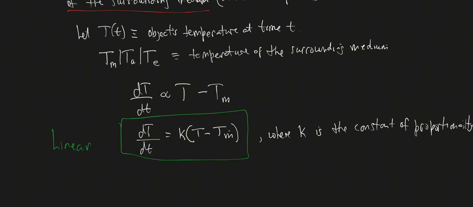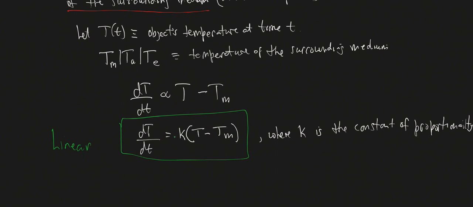Even if the temperature of the surrounding medium is not a constant, it will only be a function of time, little t. So as far as where big T will show up in this differential equation, it's going to be here in the derivative, and then here in the temperature of the object. So what's nice is it is linear, and also notice that it's separable as well.